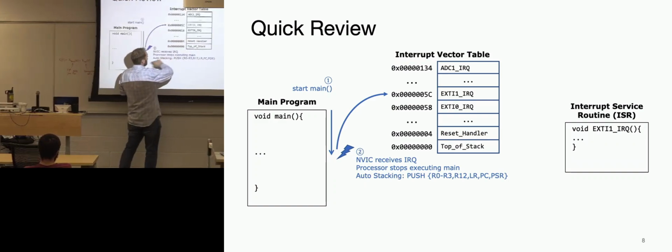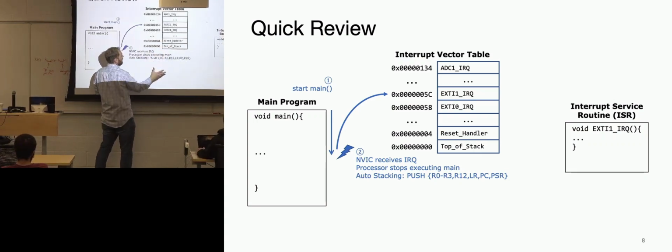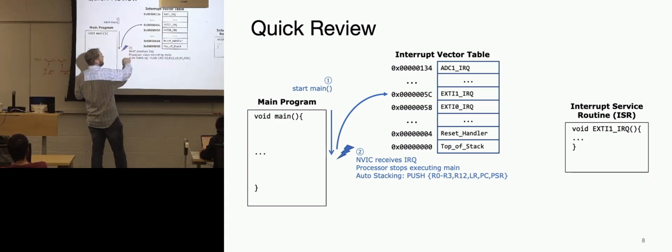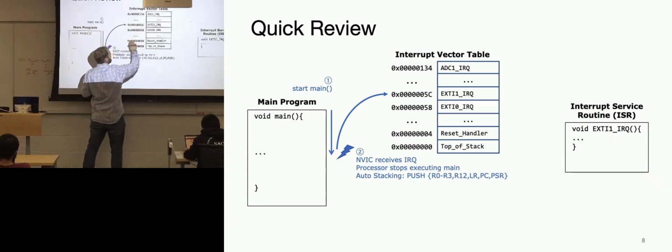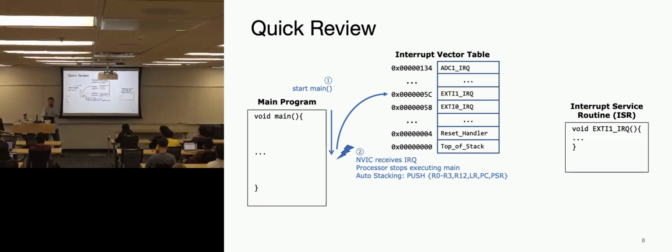The NVIC has what's called the interrupt vector table. This is stored in the lowest memory locations. The first place in memory is the top of the stack, and then there's the reset. The NVIC will go into memory and say, I know an IRQ corresponds to these particular locations in memory, then take this address and start executing that subroutine.